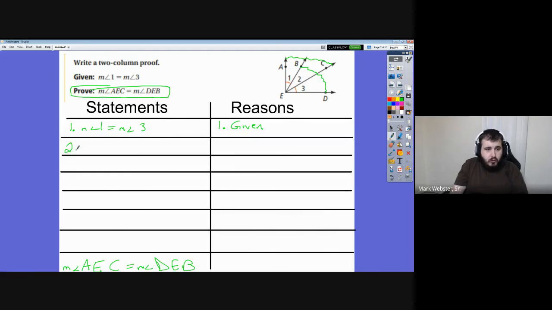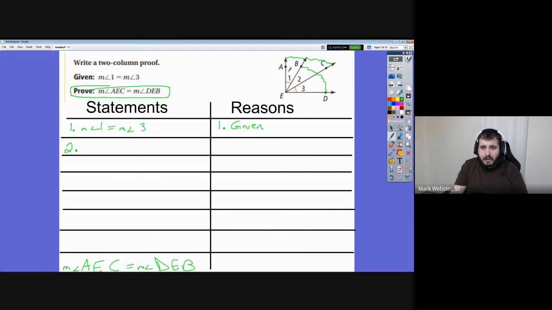So what I'm going to be able to do is figure out how to get angle AEC in terms of what we've got up here.